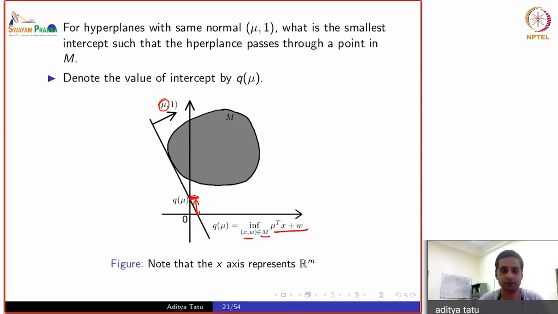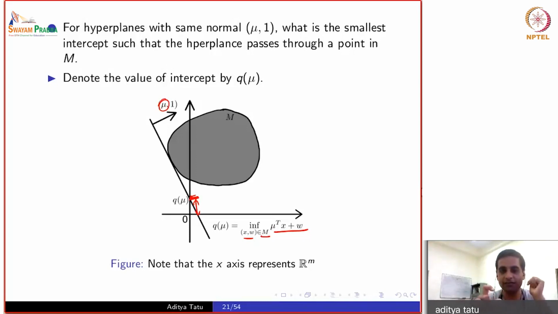Yes, sir. Clear. Now, what would be the next step? I have till now not allowed you to change the normal vector mu comma 1. Let me also allow that freedom. But this time the freedom is there not to minimize.